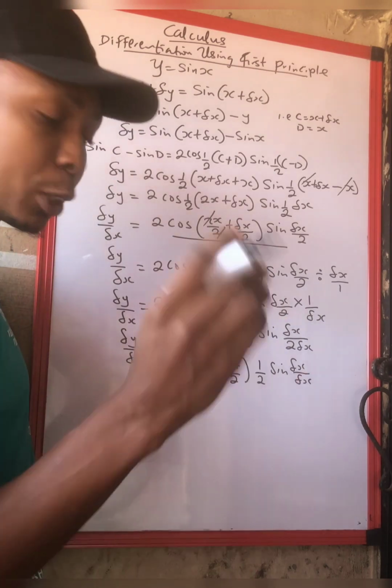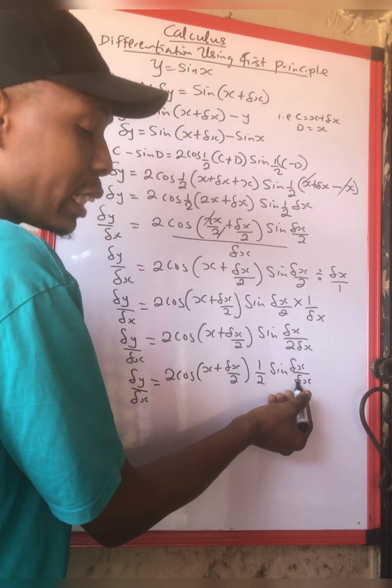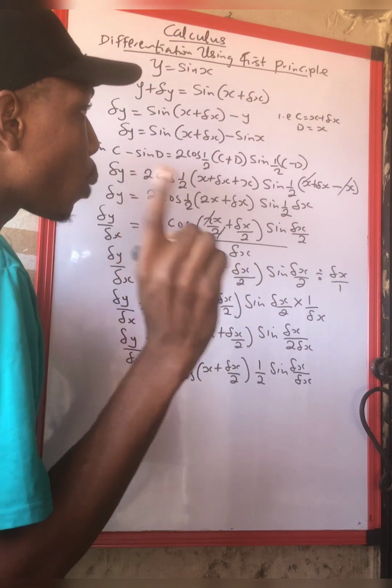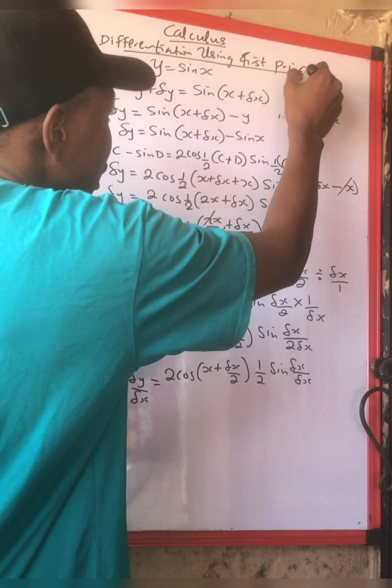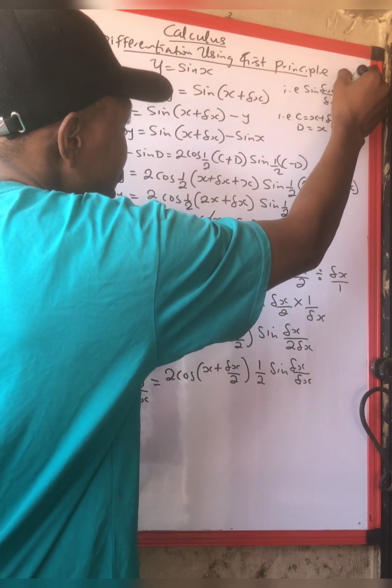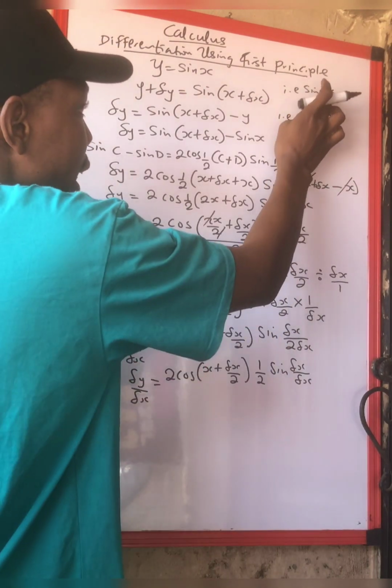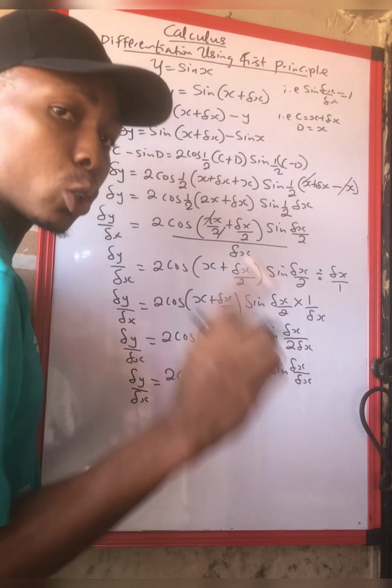And in first principle, whenever you have sine change in x over change in x, it is equivalent to 1. That means anywhere you see sine change in x over change in x, you can replace it with 1.